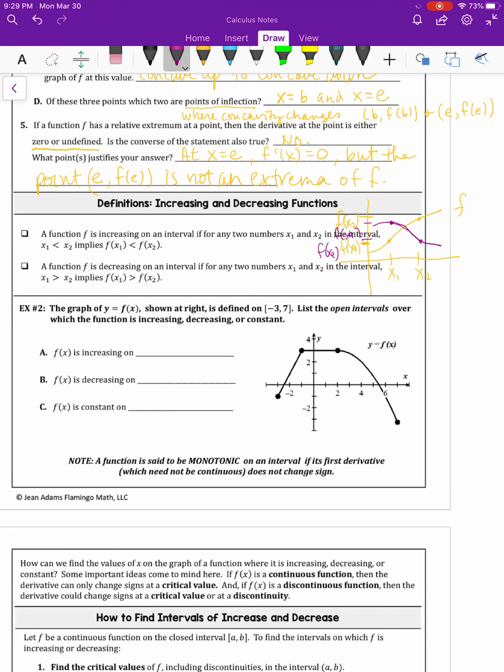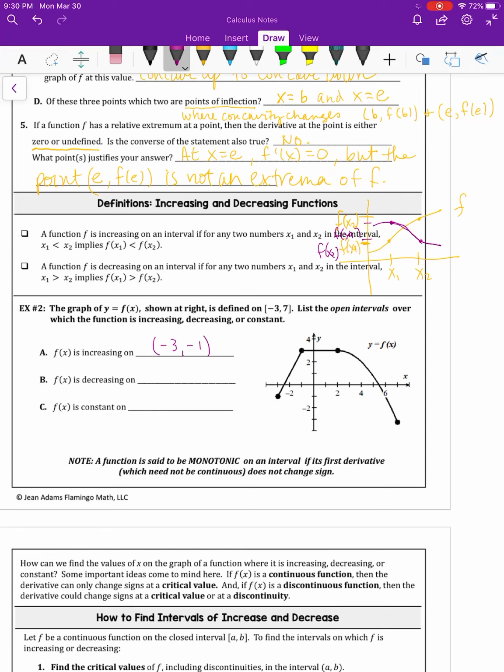So now, example number 2. The graph of y equals f of x shown at the right is defined on the closed interval -3, 7. List the open intervals over which the function is increasing, decreasing, or constant. Okay, so you can see from -3 to -1, you've got an increasing function.